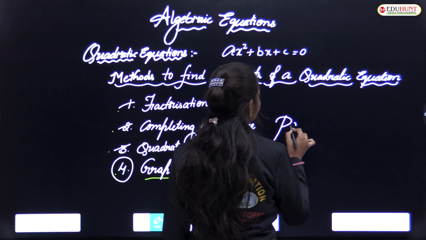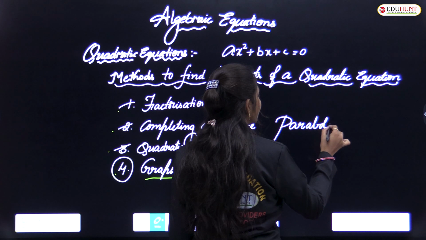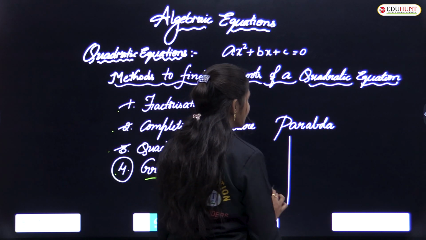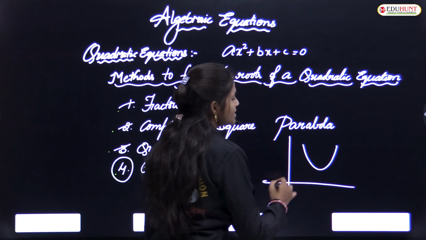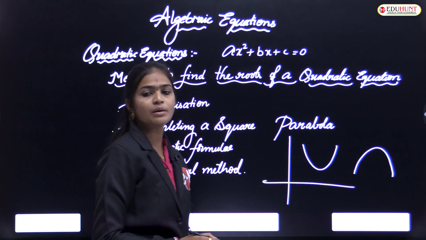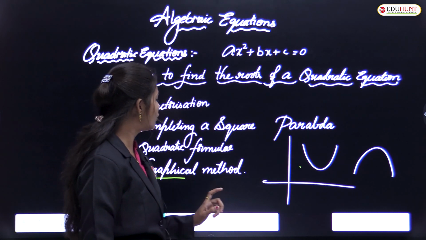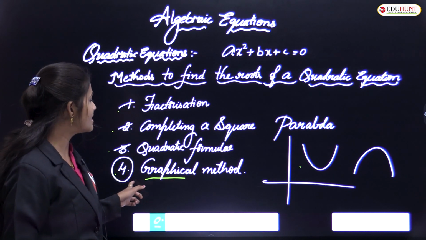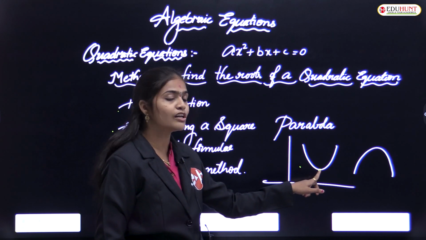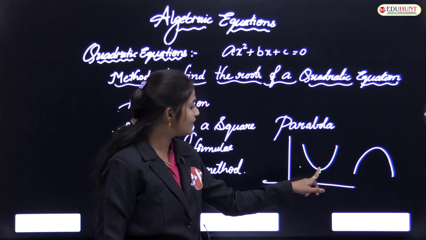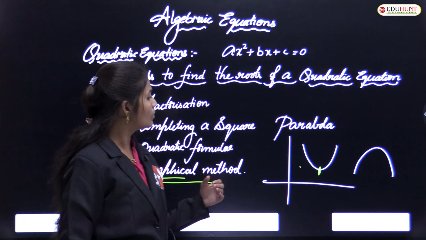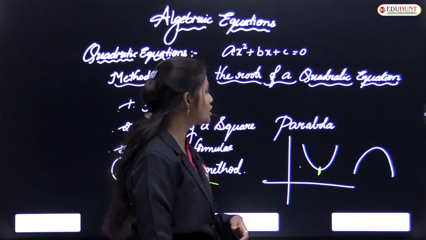The graph looks like this, either upwards or downwards. This is the shape of a parabola. About this you will learn in further classes. That is the graphical method. The point you get here is the turning point. The value at this point is called the root. In the ninth class we will discuss that.